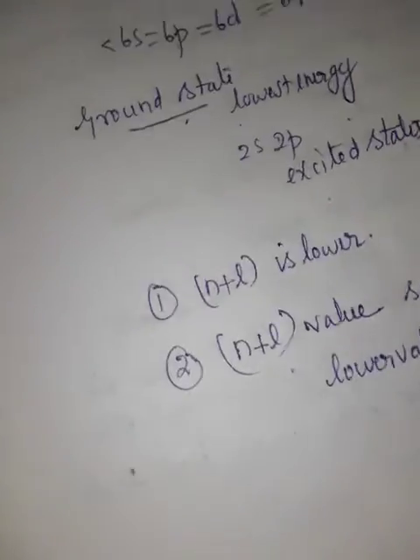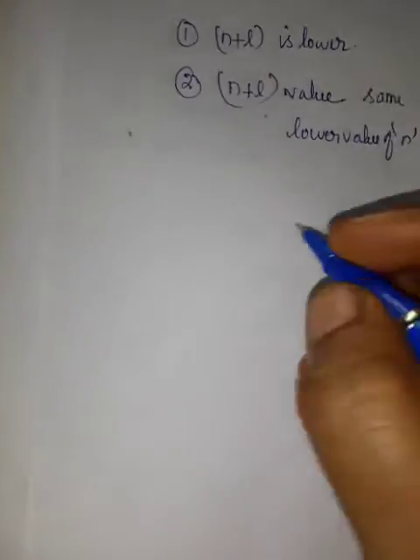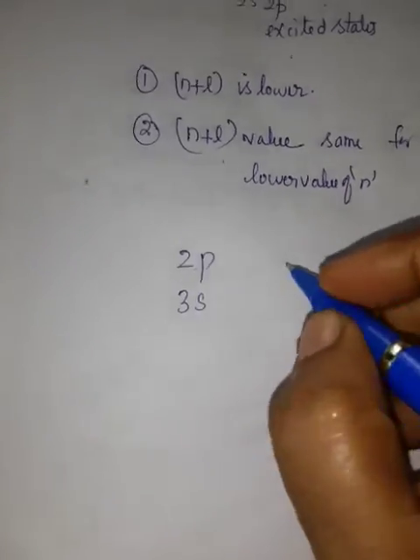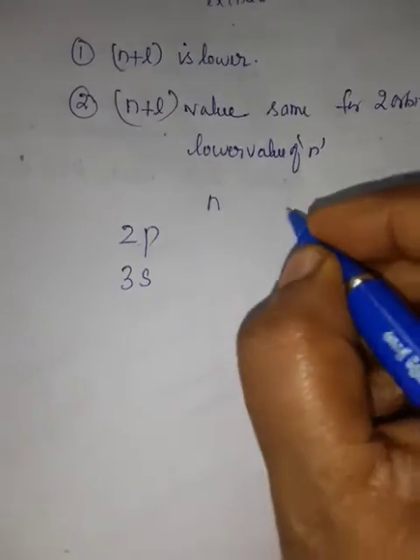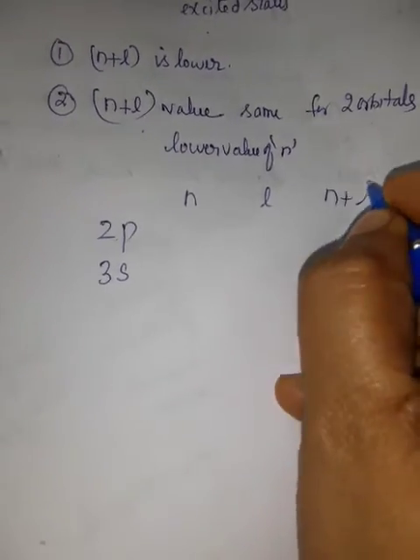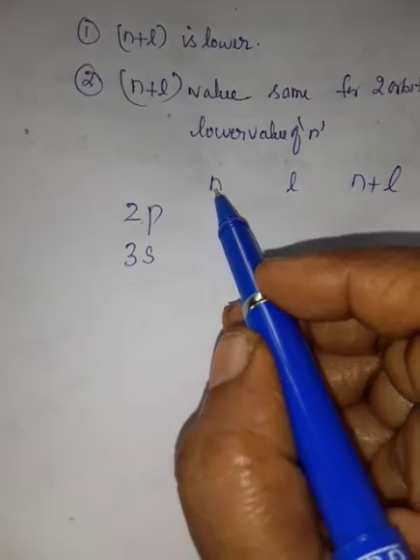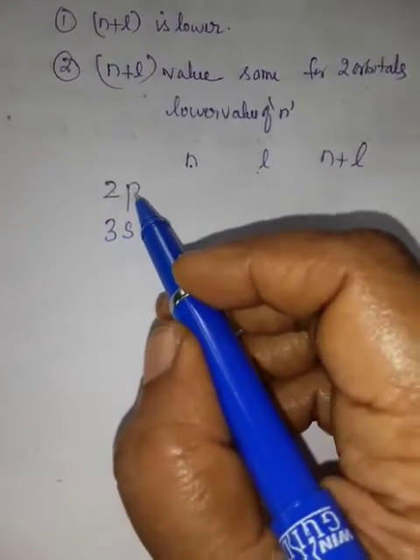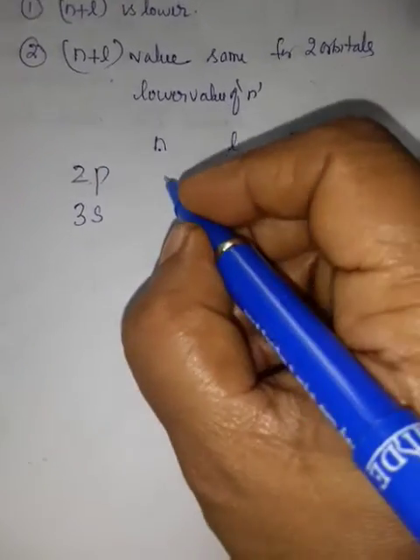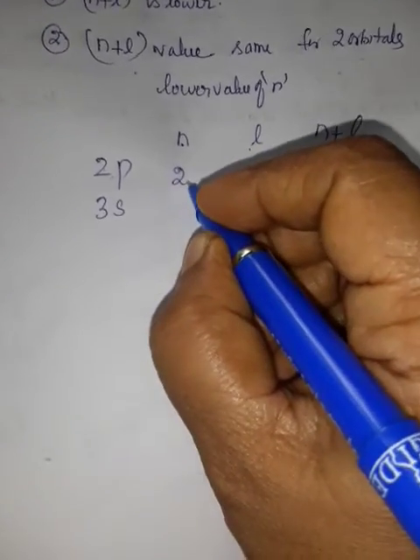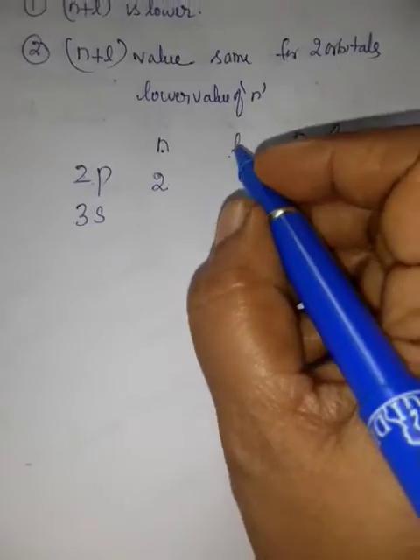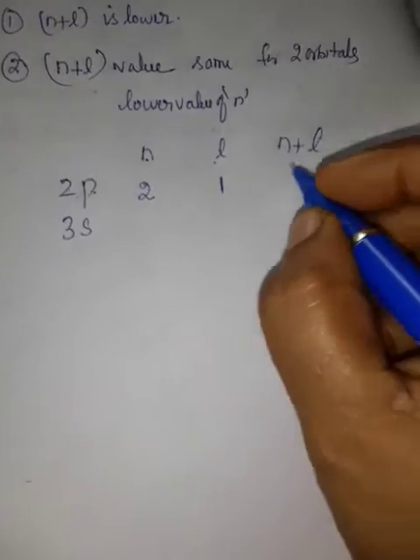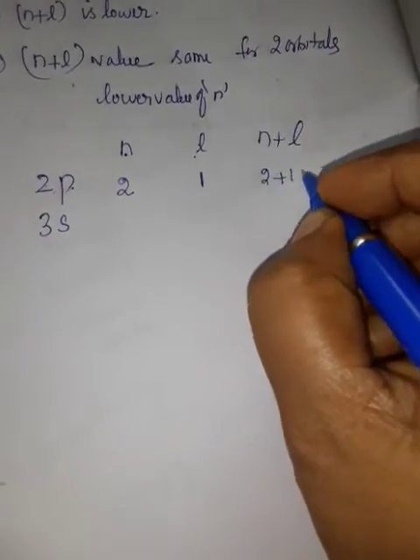Now I will give two examples. Take the 2p orbital and the 3s orbital. N, L, n plus L. N means principal quantum number, L means azimuthal quantum number. Here for 2p, n is 2. The L value for a p orbital is always 1. So n plus L is 2 plus 1 equals 3.